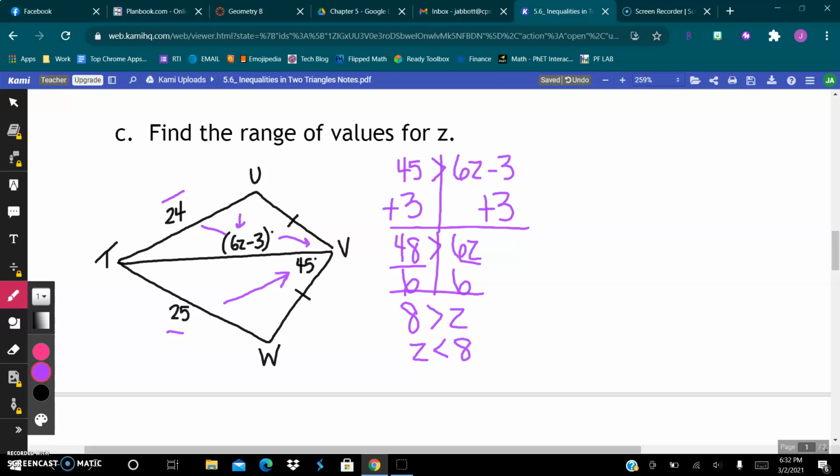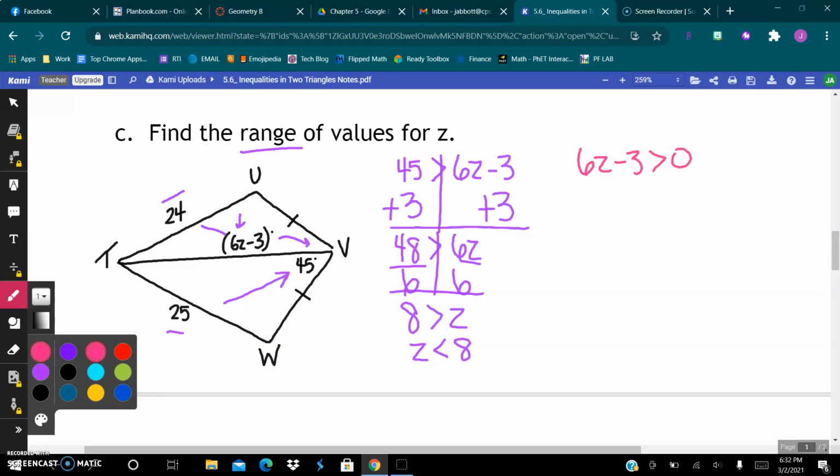So right now we know that z is less than 8, but we have to find a range. That means it's going to be between two numbers, so we have to figure out what those two numbers are. We know 8 is the larger of the two. The other thing that we know is that this angle measure, the 6z minus 3, has to be greater than 0. We can't have a negative angle measure, so we can use that as our other inequality.